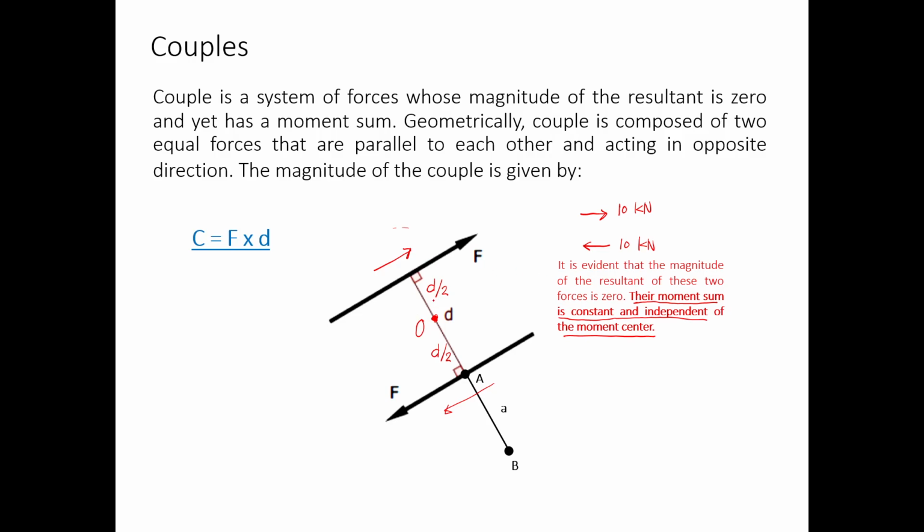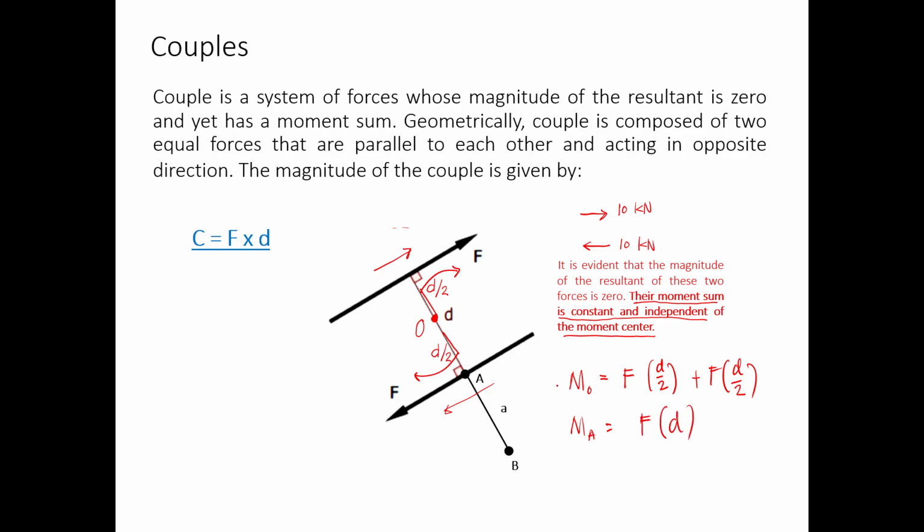So again, if you try to take moment about this one, it's constant because if you take moment about here, it's the same value as going downwards, diba? So moment about point O is F times d over 2, plus F times d over 2. So that's the same. If you take moment about A, it's force times the distance only.